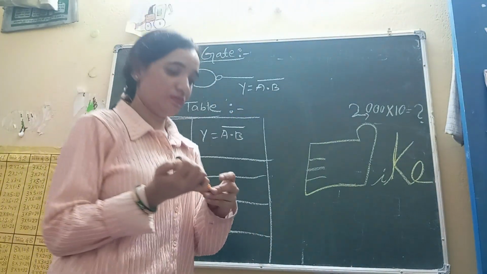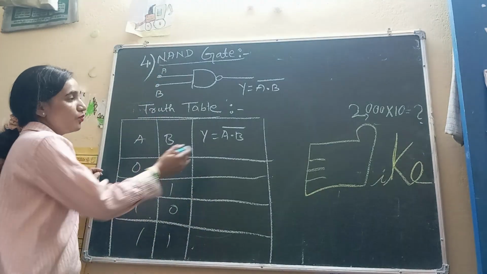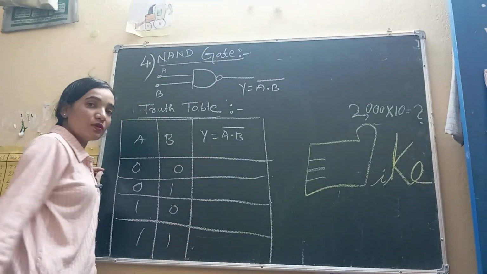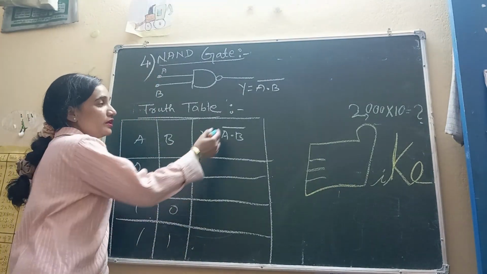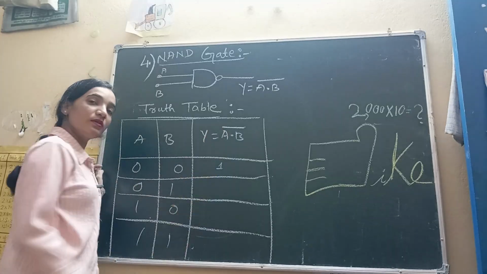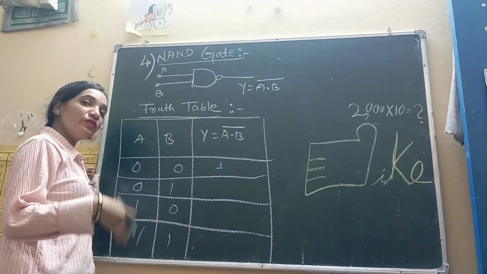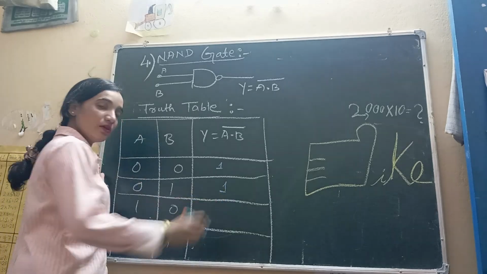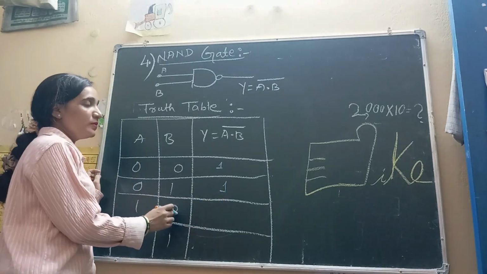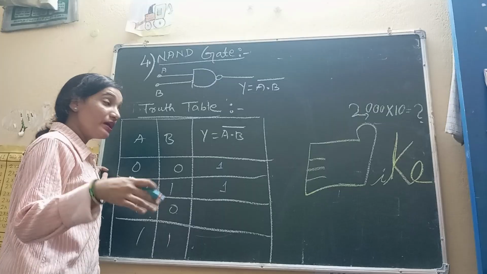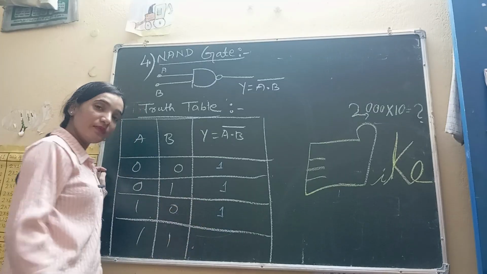When A is 0 and B is 0, the product will be 0, but inverting we get 1. The same for 0 1 and 1 0: product is 0, inverting we get 1.